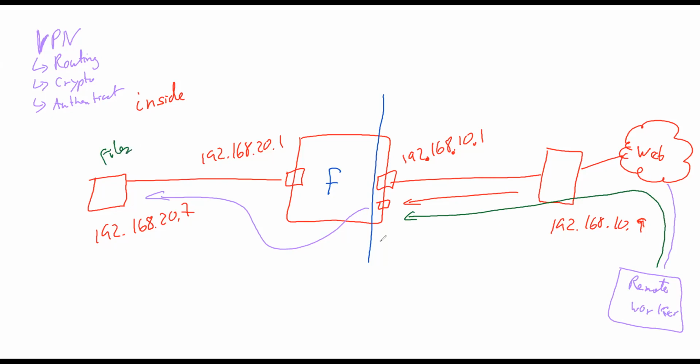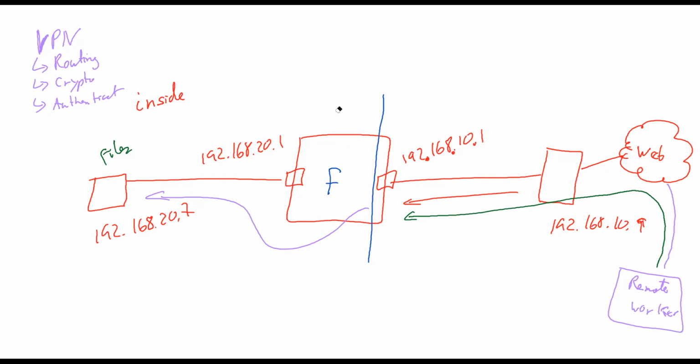So if you just did the port forwarding solution, they might be able to get to that server that they need, but they're very limited. So what if they no longer need a web server, but they need an email server? Okay, I'm going to punch another port in there, and then they go in that way. What if they need something else, SSH? Okay, I'm going to open up another port, and it just becomes impractical to do it that way.